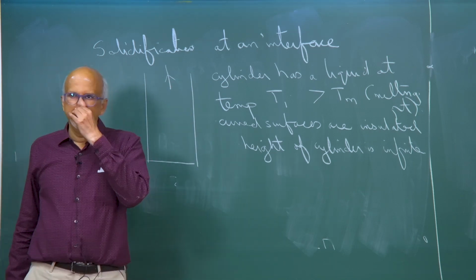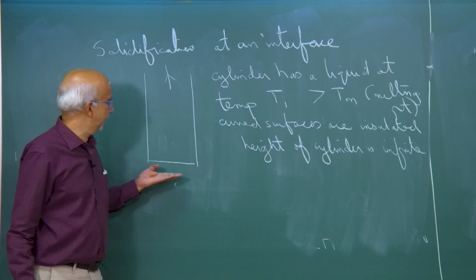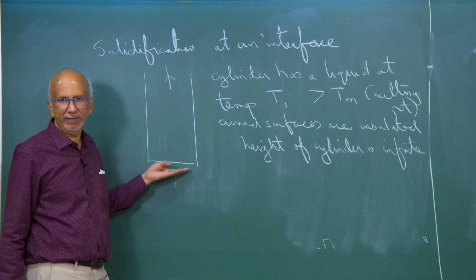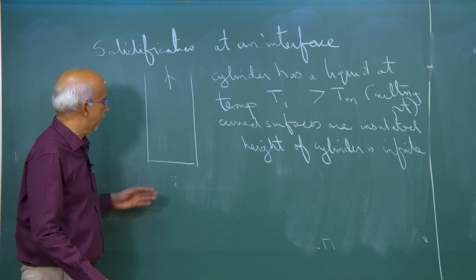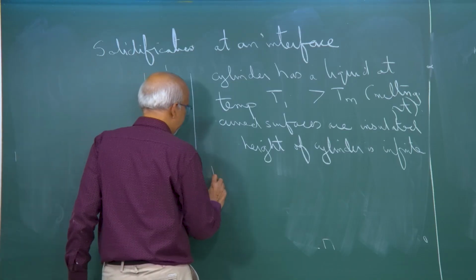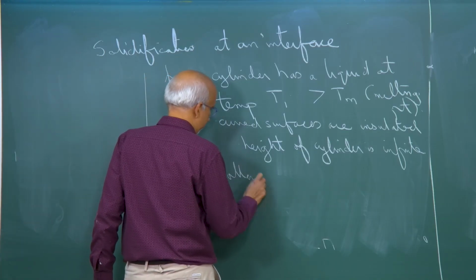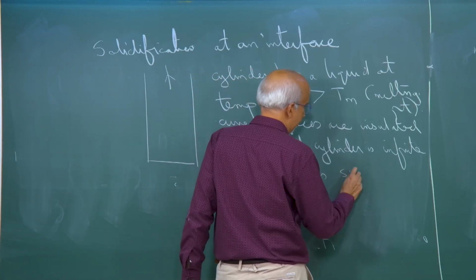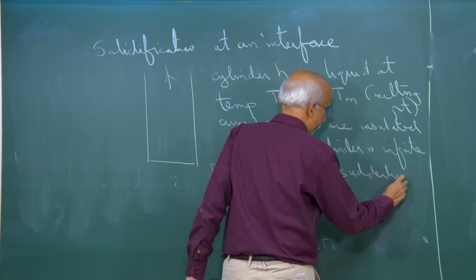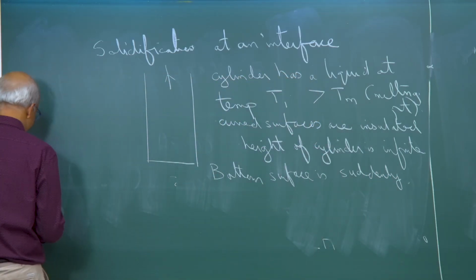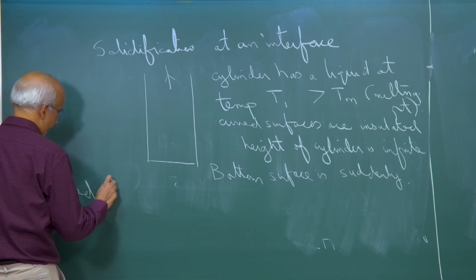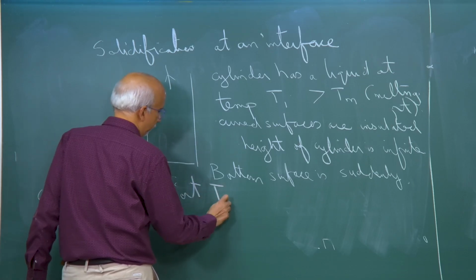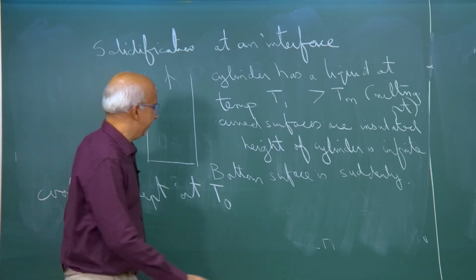What we are going to do is suddenly lower the temperature, or maintain the temperature, at the bottom at, let us say, T0. The bottom surface is suddenly cooled and kept at T0. What is T0?